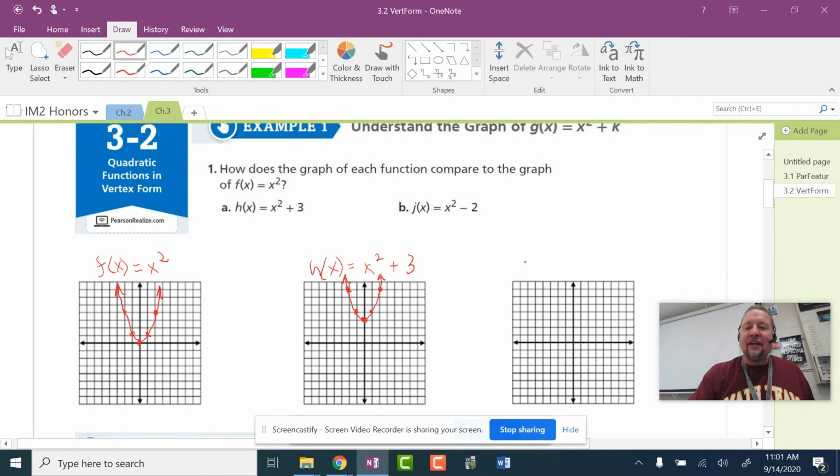And then the other one, j of x. Oh, this is Mickey Mouse stuff for some of you. 0 squared is 0 minus 2. 1 squared is 1 minus 2. 2 squared is 4 minus 2.